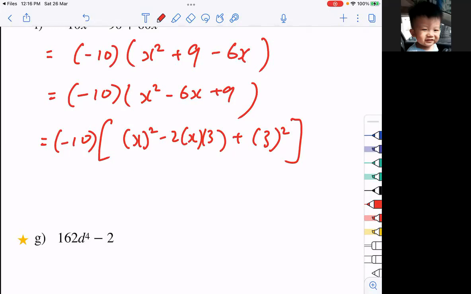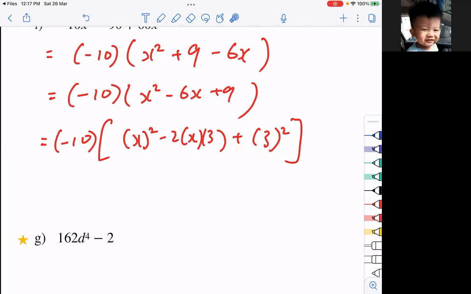I'm forcing out the appearance of what? Which formula? The second formula, it is a squared minus 2ab plus b squared, in which my a is x and b is 3. a squared minus 2ab plus b squared.